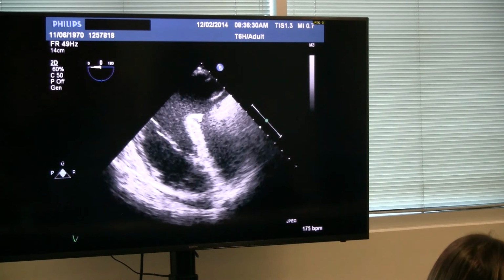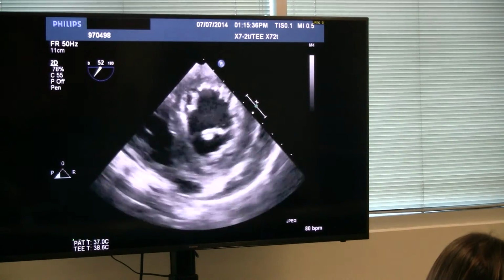But when we have a primum ASD, both the mitral valve and the tricuspid valve are at the same plane. So that's how the partial AV canal, which is part of primum atrial septal defect, manifests. The defect is just above the valves.